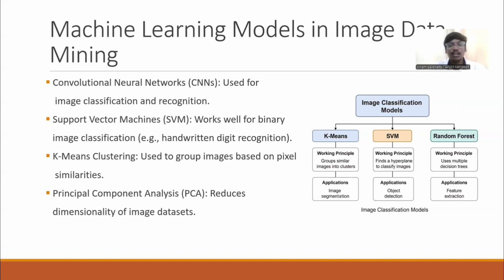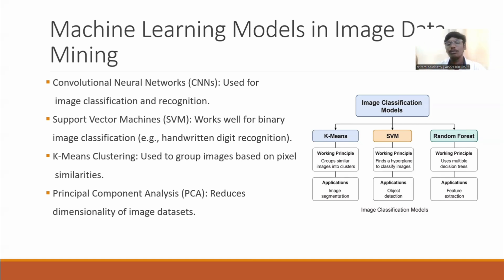And the second one is SVM, which is also known as support vector machine, works well for binary image classification. Example, handwritten pieces recognition. And the third one is k-means clustering, used to group images based on pixel similarities.